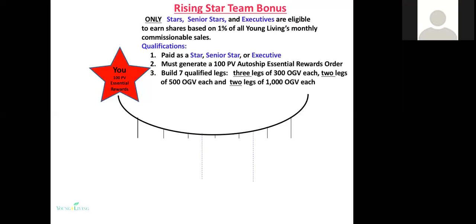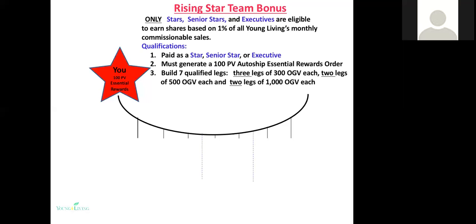So the first time a member qualifies and earns the bonus, that starts the 24-month process. And whether or not the member continues to earn the bonus each month, or if they rank advance and no longer qualify to earn the bonus because they rank advance to silver or gold, that 24-month clock is still ticking as part of the first time that they may have ever achieved the bonus.